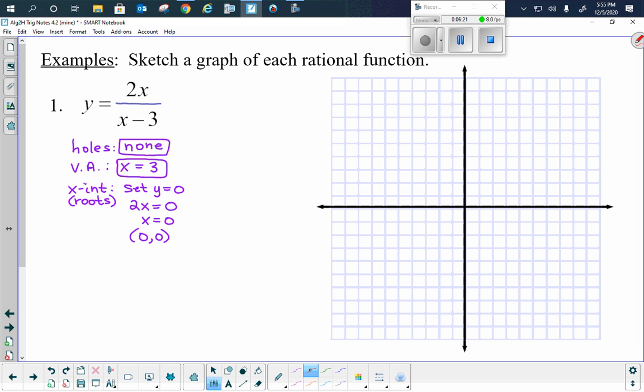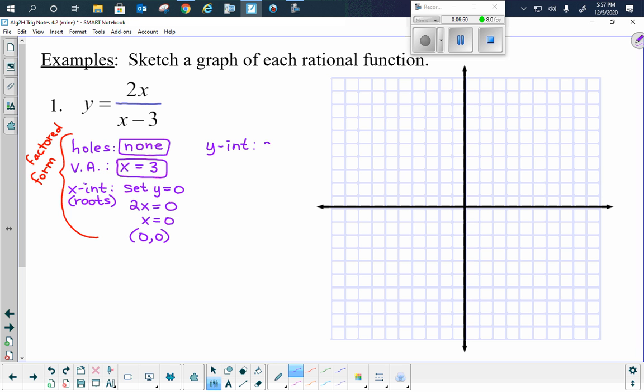I know it doesn't make a difference in this specific problem, but these three things are what you should do from the factored form of the original equation. Okay, and then in the next column, let's do y-intercepts first.